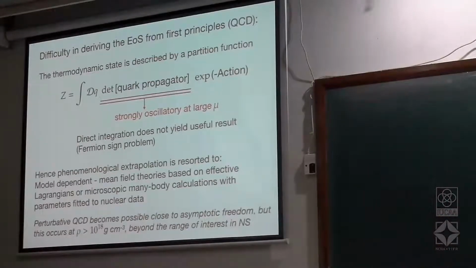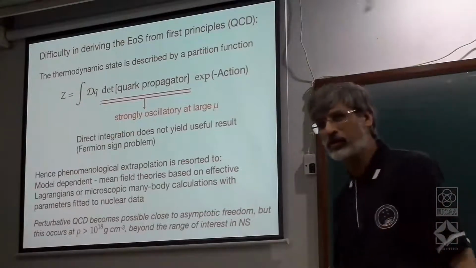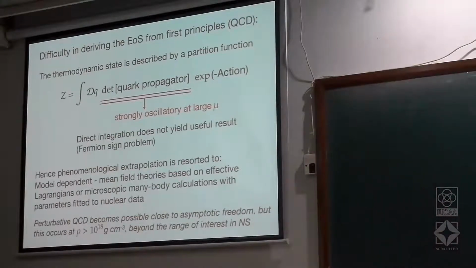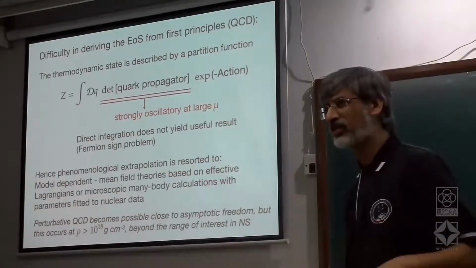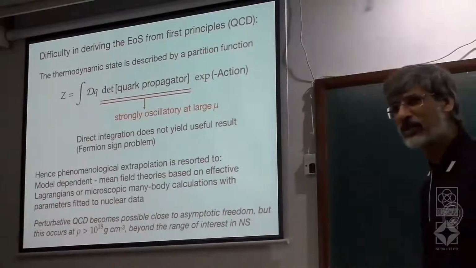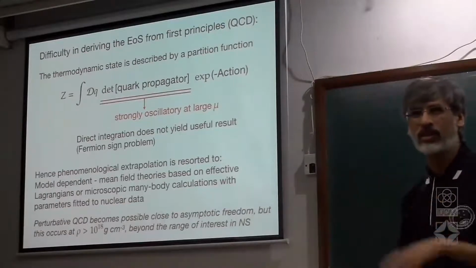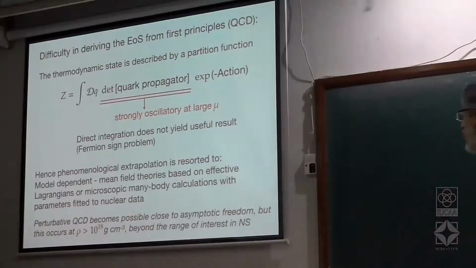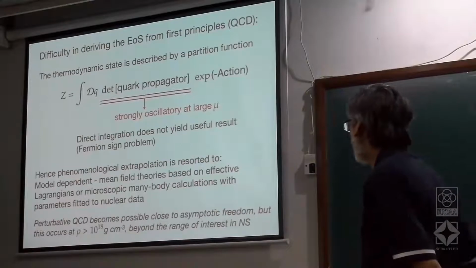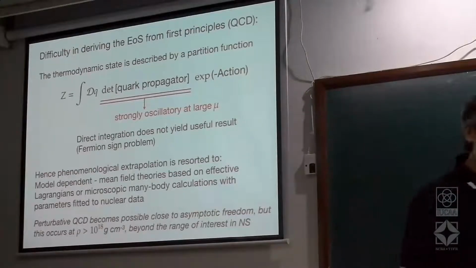I will say that the interaction is approximated by a mean field, and then I will attribute some character to this mean field, and there will be some constants which define my mean field theory, and I will fit that to my low energy measurements. With the same parameters, I then extrapolate to much higher densities. These are called mean field theories, or RMF, relativistic mean field theories.